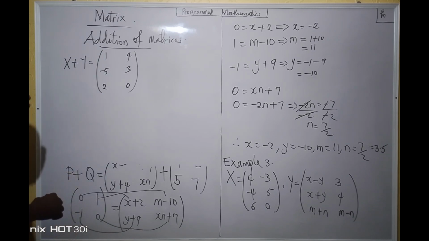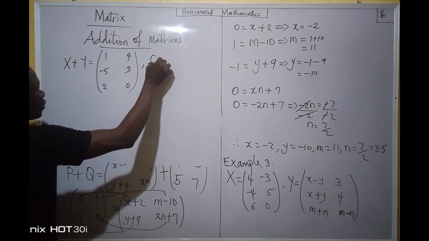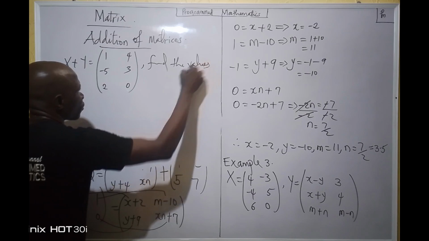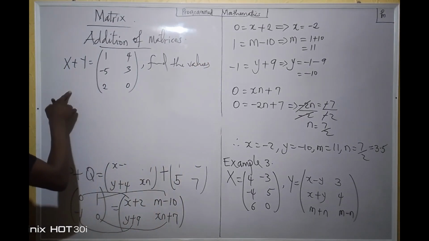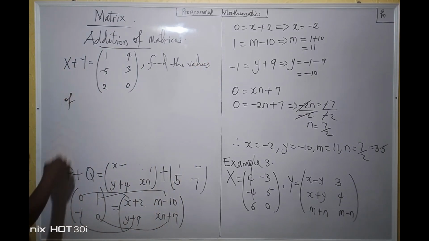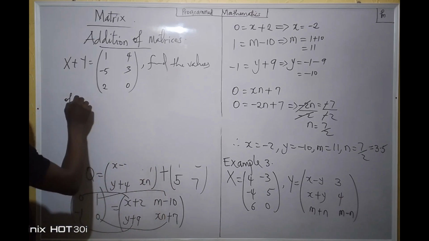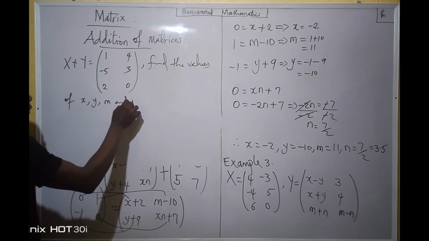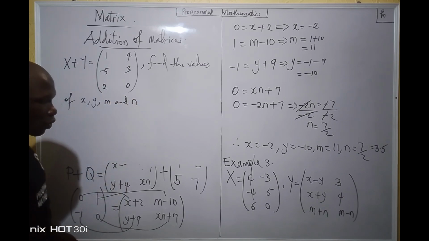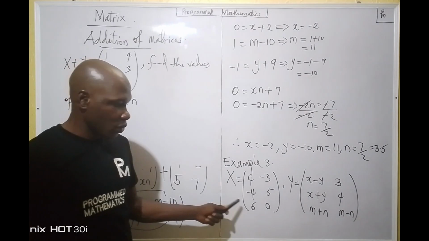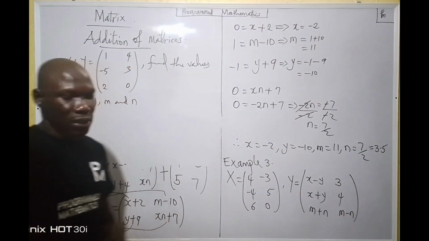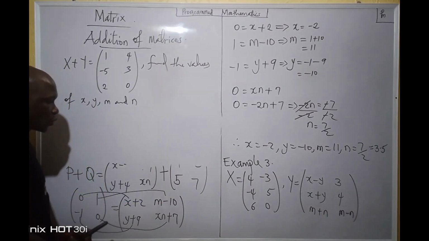Okay, so we have this, and then we have to find the values of the small x, y, m, and n. So don't be confused. Here is capital X for the matrix, capital Y for the matrix. This small letter y and x there, they are values.